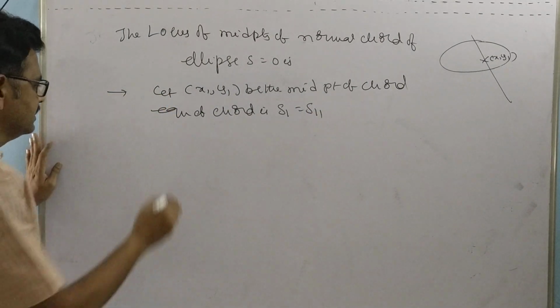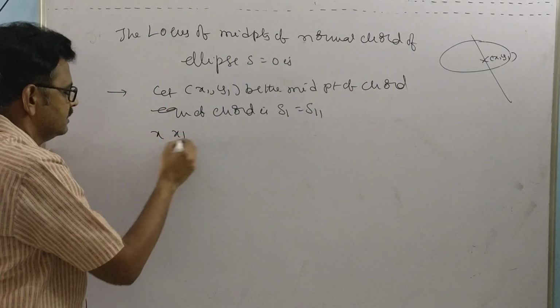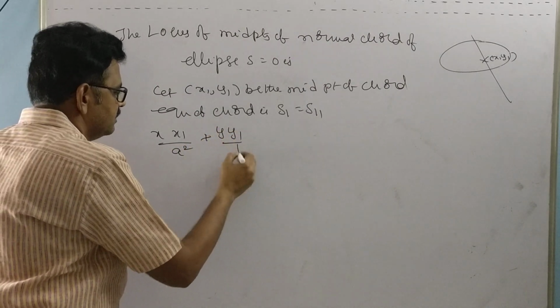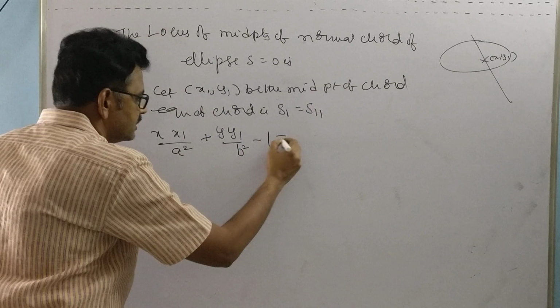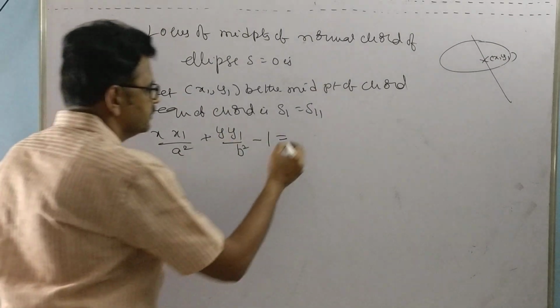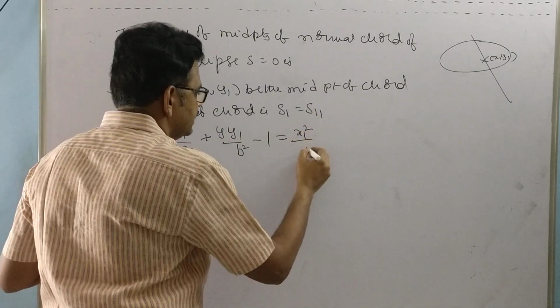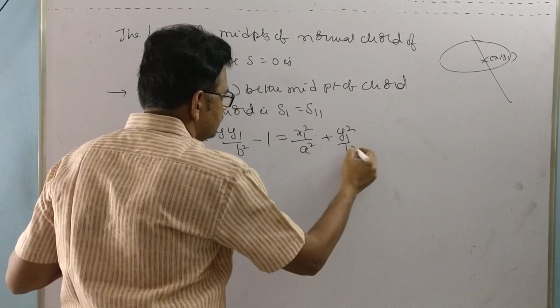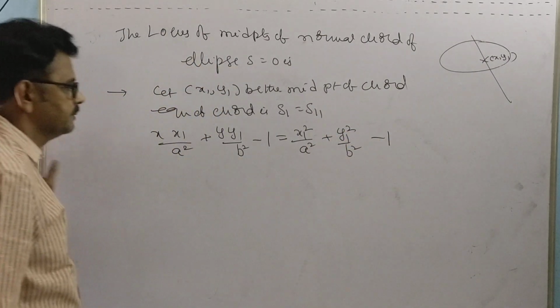What is S1? x x1 by A square plus y y1 by B square minus 1 is equal to x1 square by A square plus y1 square by B square minus 1.